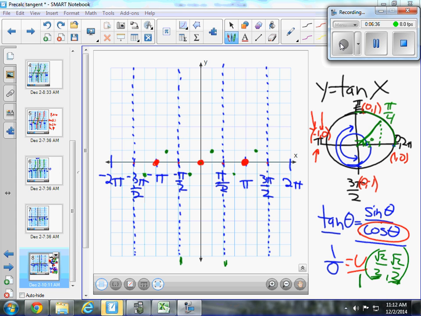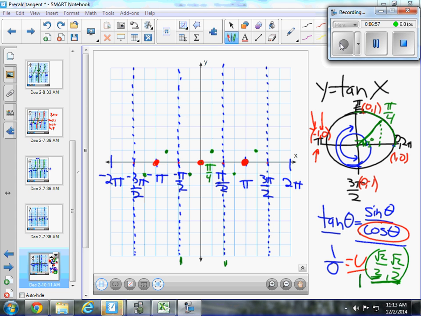Let's check that for a second. This right here is the point pi over 4, the angle we just did. The coordinates of that point are radical 2 over 2 and radical 2 over 2. Radical 2 over 2 divided by radical 2 over 2, sine over cosine, is in fact positive 1.